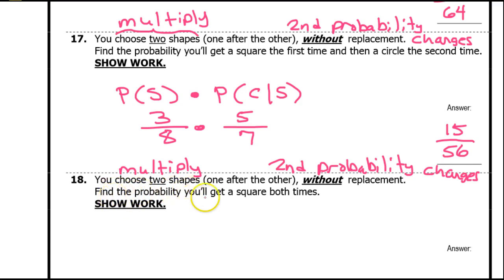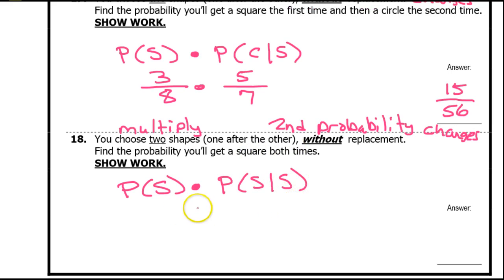So what's the probability that you'll get a square both times? Okay, so we need to find the probability of pulling a square the first time, and then we're going to have to multiply that by the probability of getting a square the second time. Okay, so I'm going to say the probability of pulling a square given that we already pulled out a square the first time.